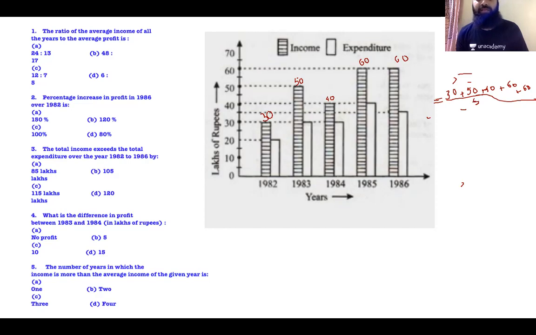Now if I look at the average profit, here it is 10. As I move here, this will be 20. This will be 10. This will be 20.